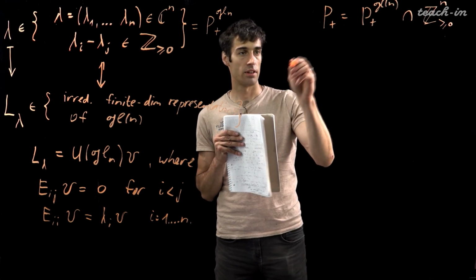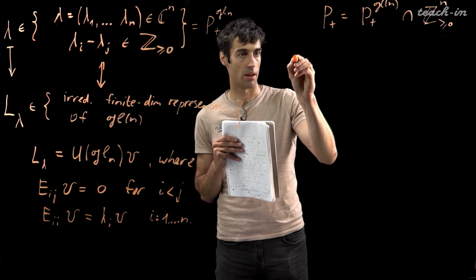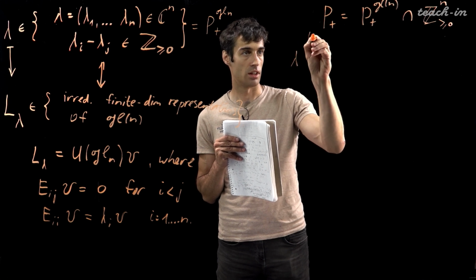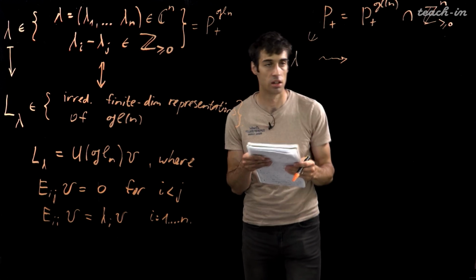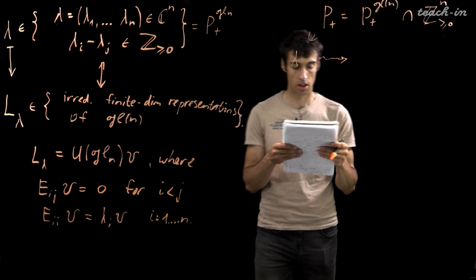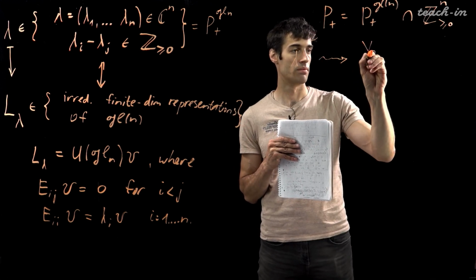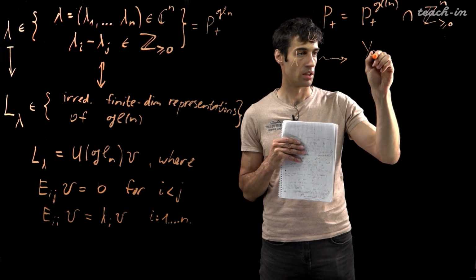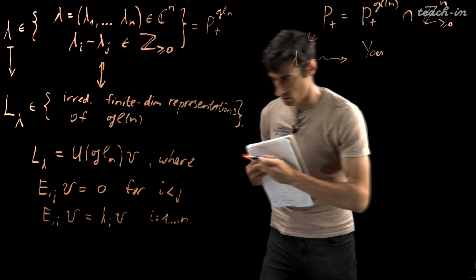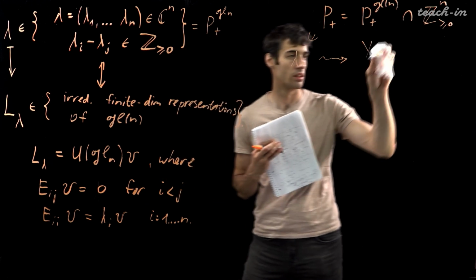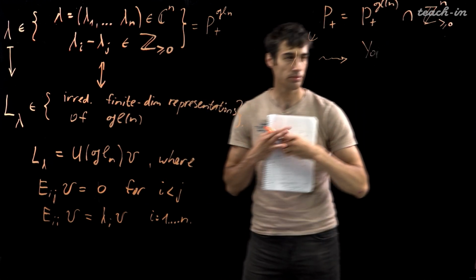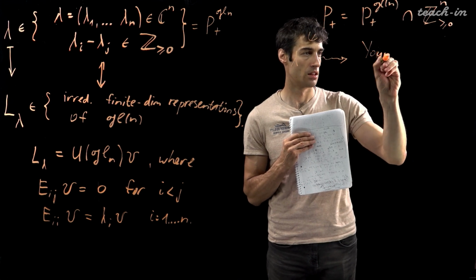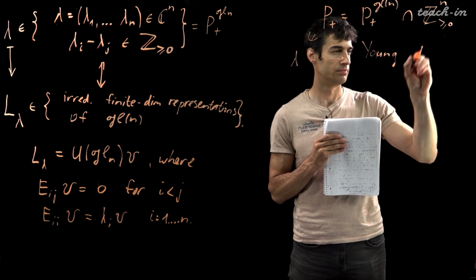So if I have an element lambda that lives in here, then I can put into correspondence to this element what's called a Young diagram.